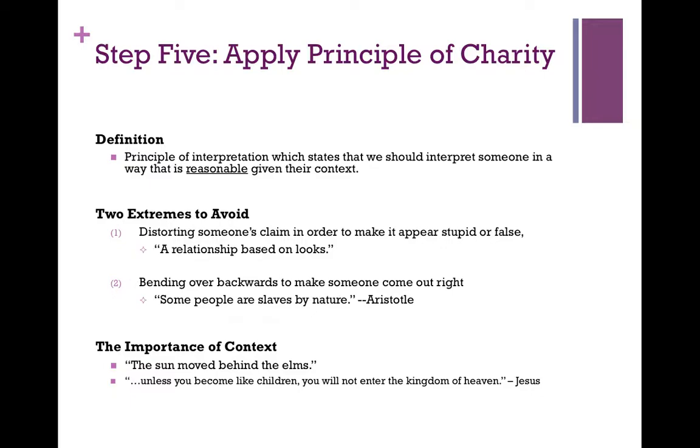Of course, you have to avoid going too far in that direction and making what they said come out to be true. That's not something that's required when we're being charitable. You don't have to bend over backwards to make them come out right. If they said something wrong, you should be able to point that out and call them out on that. But before you do that, make sure you've exhausted the reasonable possibilities that are available.